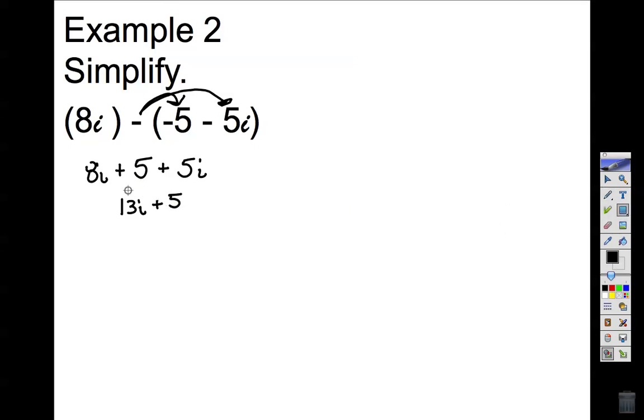There is nothing wrong with having this as the final answer, but this is called a complex number, complex because it's made up of real and imaginary.